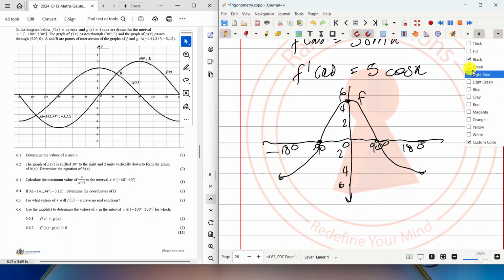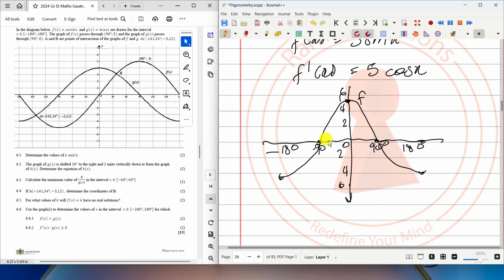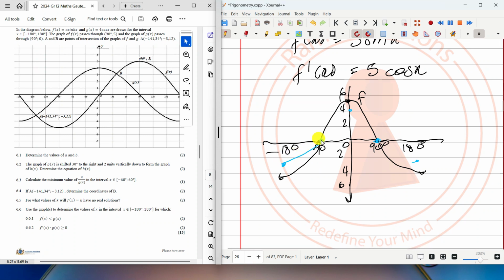I'm gonna change the color to show you the other one. Its maximum is 4. Remember, 4. Its maximum is 4. Do you guys see it?